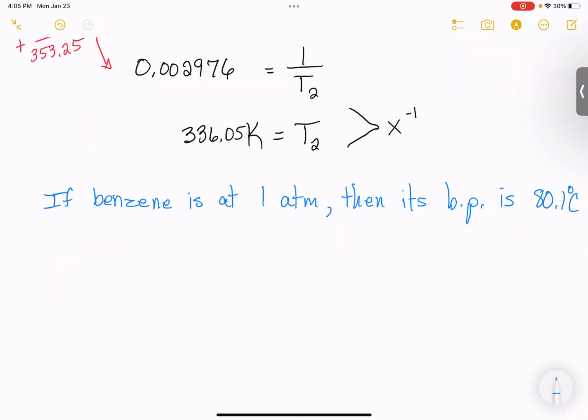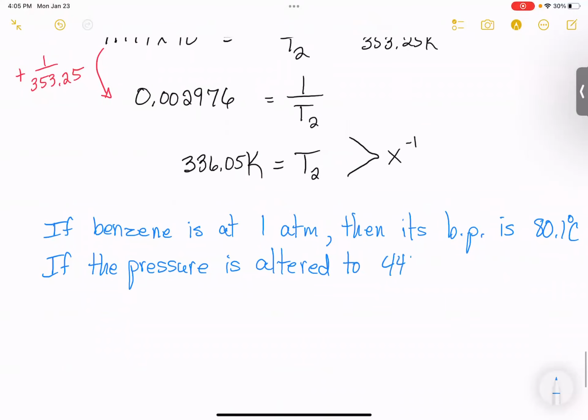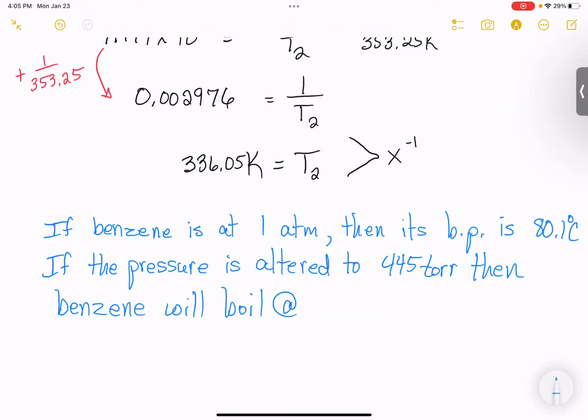But if I alter the pressure to 445 torr, then benzene will boil at 62.9 degrees Celsius.